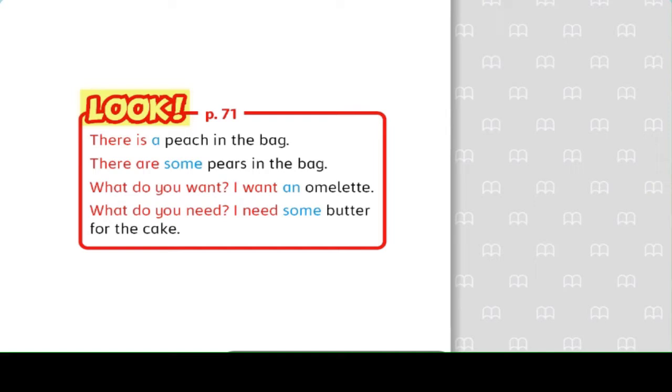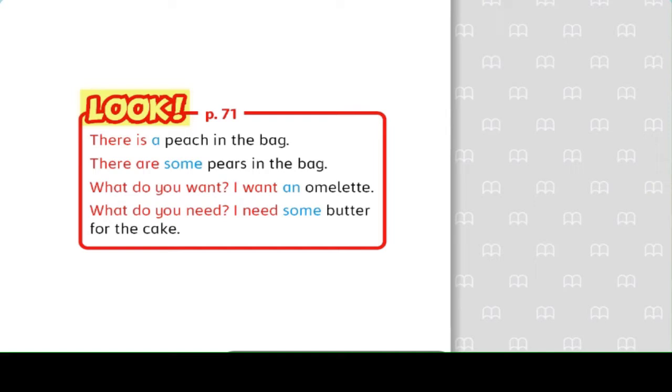First of all, today we have to learn about the differences between countable nouns and uncountable nouns. So here, countable means the thing that we can count, or the noun that we can count by adding a number before it, and after it add s.